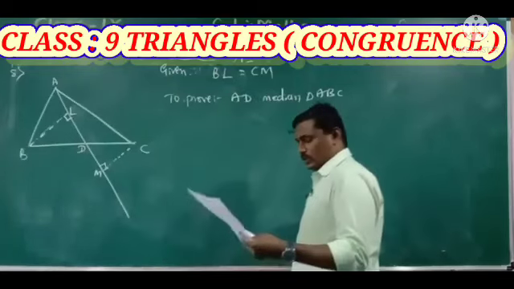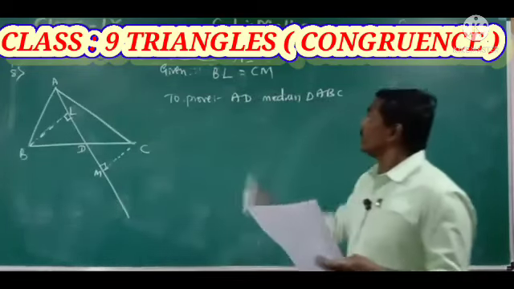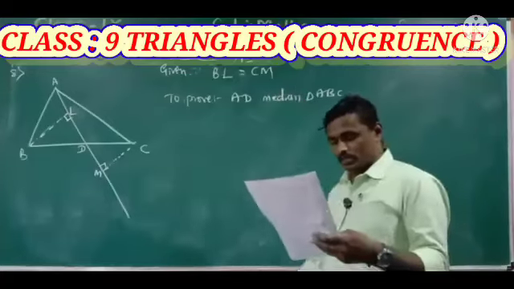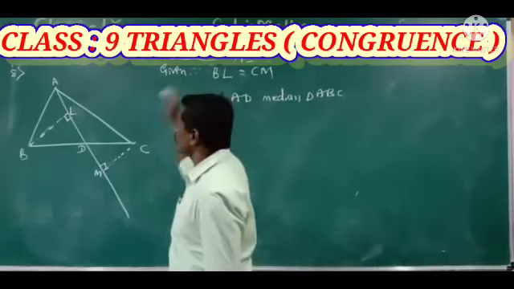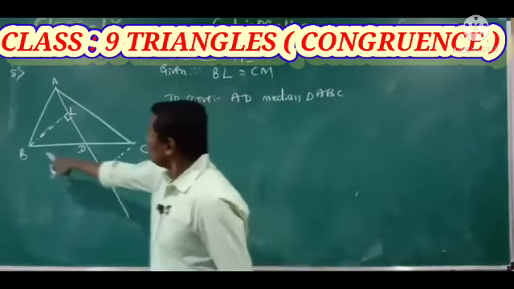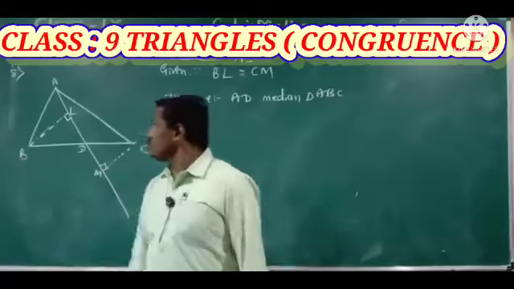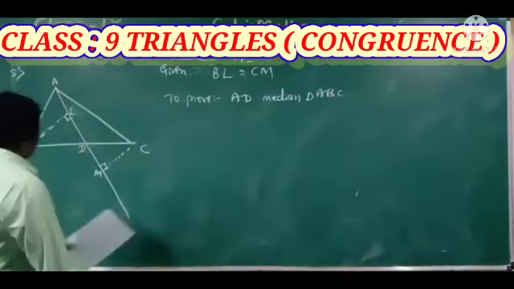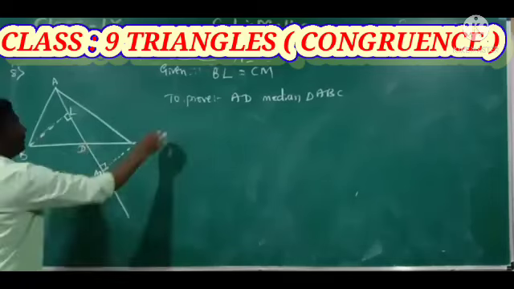Now what is the given data here? BL is equal to CM, right? So now consider the two triangles. The two triangles are BLD and CMD. Proof.